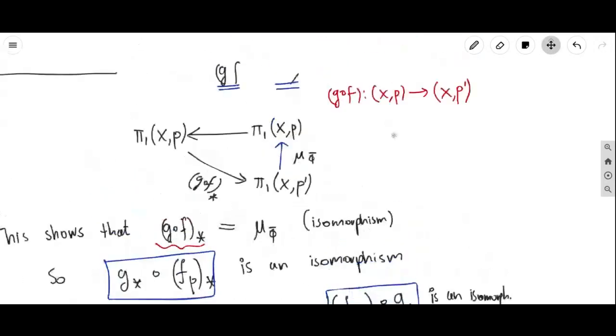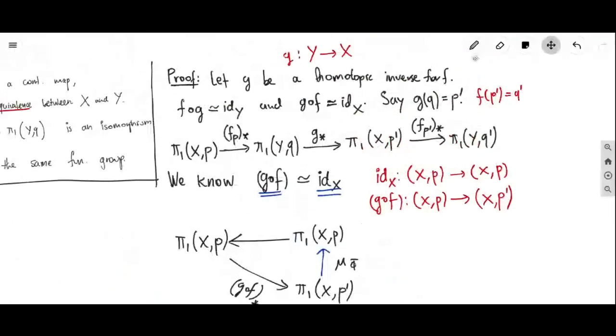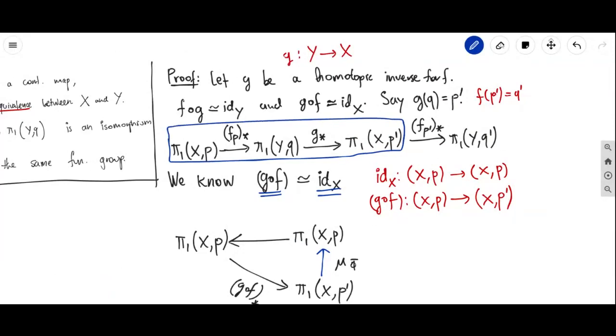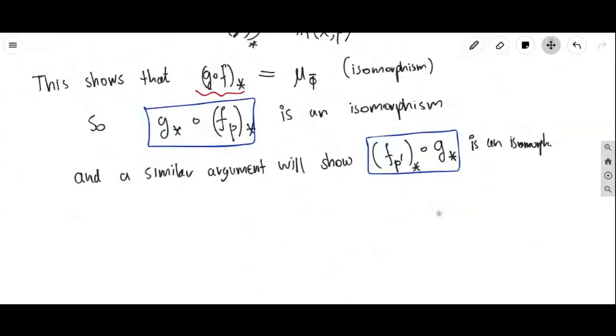So if we return to this picture, we're saying that if you do this composition, you get an isomorphism. The composition will give you a mapping from this one to this one, and that's an isomorphism. And if you do this composition with these two, that will give you an isomorphism between those two. So what does this mean?